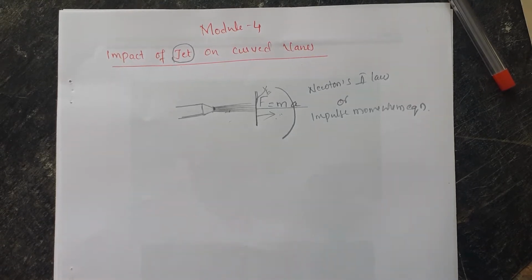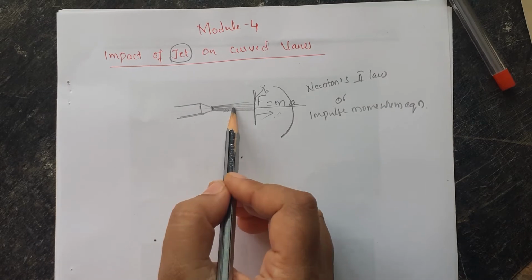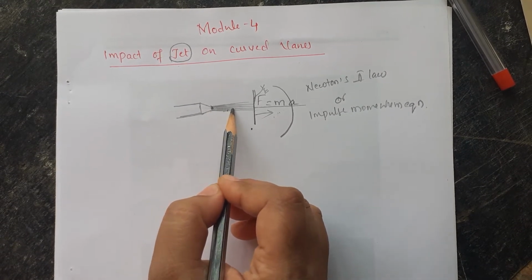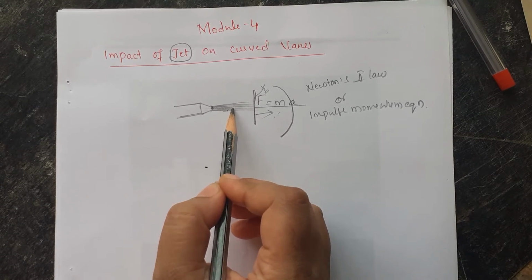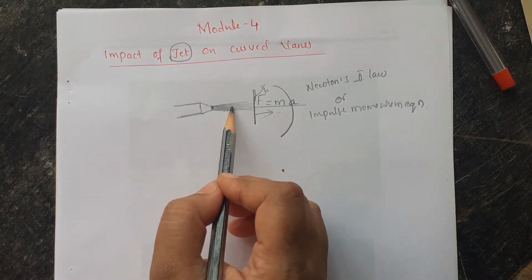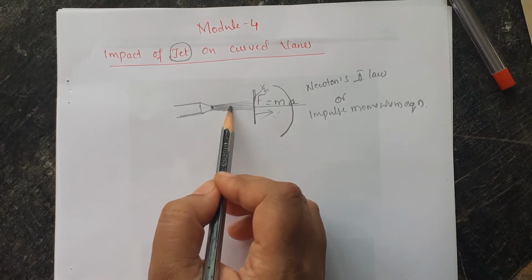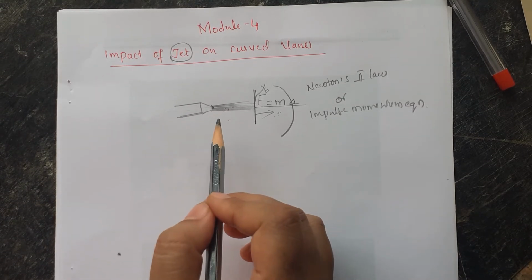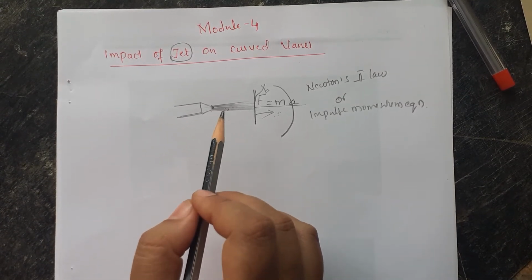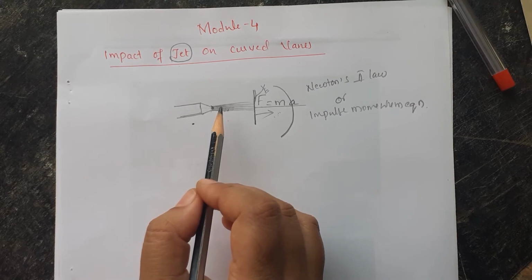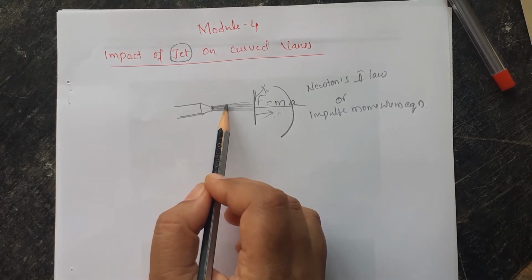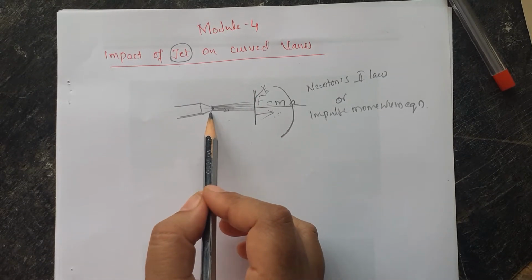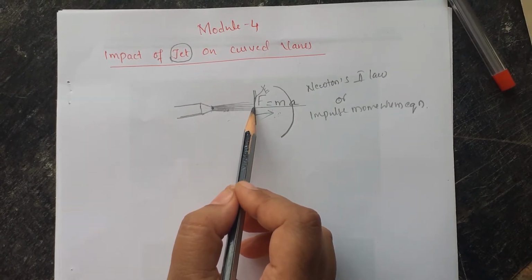So a jet of fluid emerging from the nozzle has some velocity, as I said, and hence it possesses some amount of kinetic energy. If this jet strikes an obstruction placed in its path, it will exert a force on the plate.